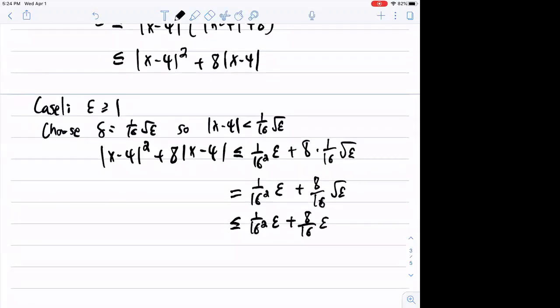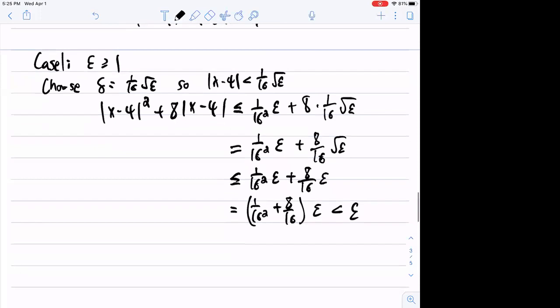And clearly this is smaller than epsilon, because the constant is smaller than 1. Any constant will work, as long as in the end it's smaller than epsilon, which is what we want.